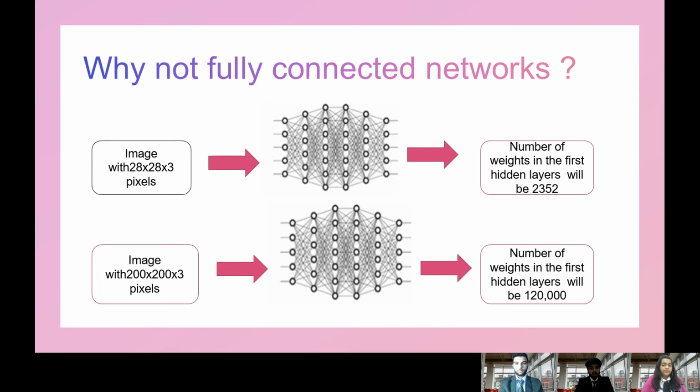Images are mostly above 200 into 200 into 3 pixels, and if I feed that to a fully connected network, the number of weights required in the first hidden layer itself will be 120,000. So we need such huge parameters, and we will require more neurons, which will eventually lead to overfitting. That's why we cannot use a fully connected network for image classification.